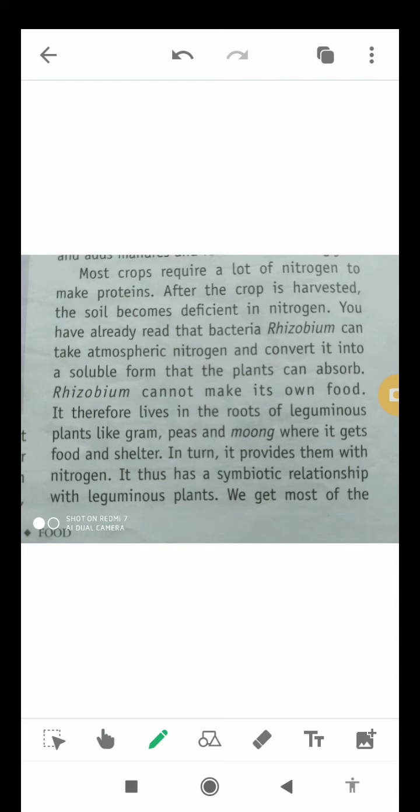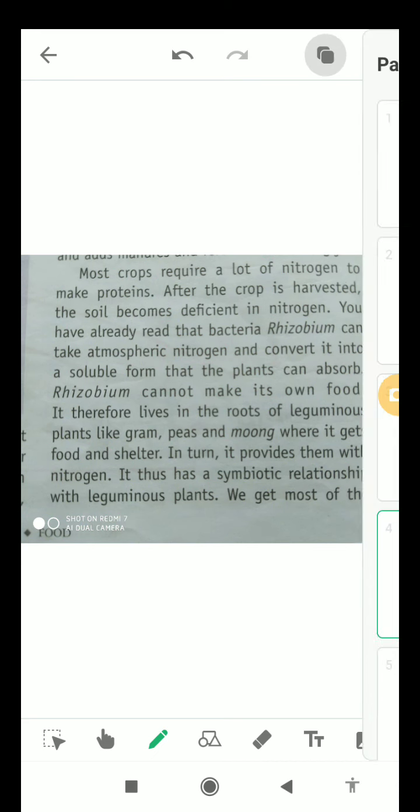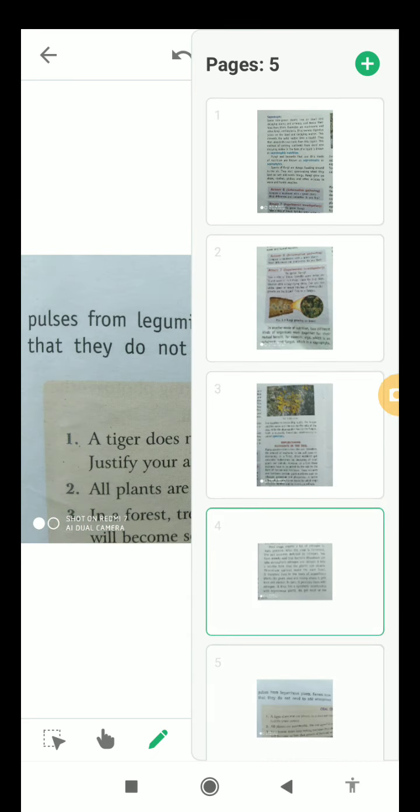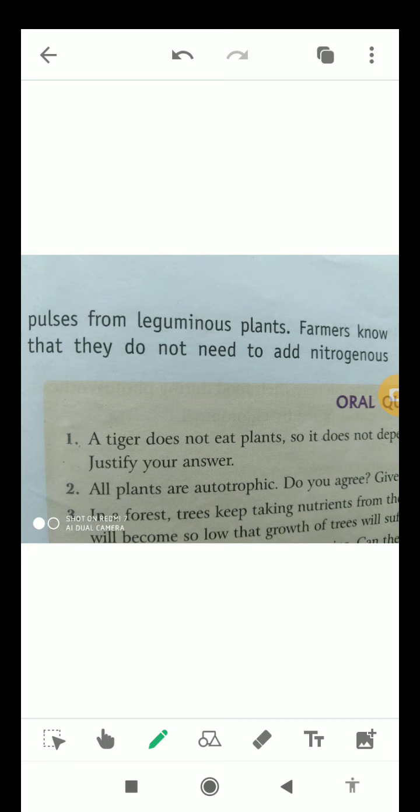It therefore lives on the roots of leguminous plants like gram, pea and moong, where it gets food and shelter. In turn, it provides them with nitrogen. It thus has a symbiotic relationship with leguminous plants, like the symbiotic relationship between algae and fungi in lichen that I just told you about. We get most of the pulses from leguminous plants only.